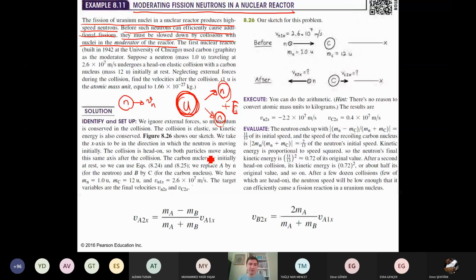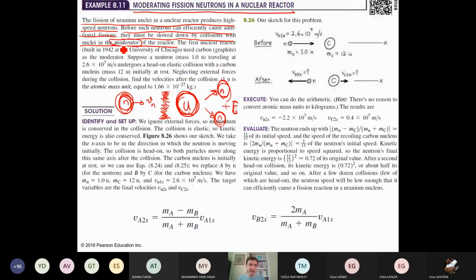Before the interaction of the neutron and the uranium atom, here you have to use, let's say, a barrier to slow down these neutrons. So what is this barrier? This is called a moderator. It moderates the initial velocities of the neutrons.